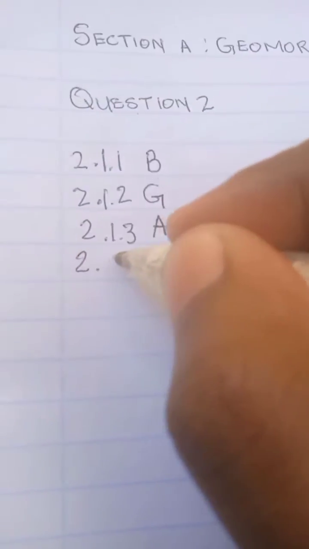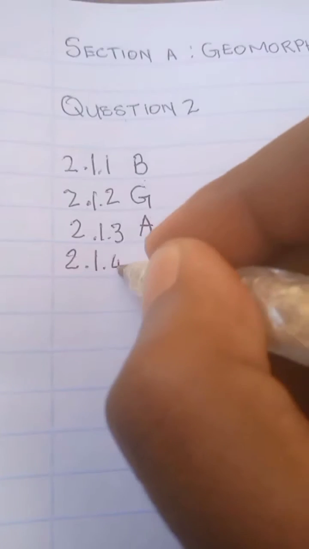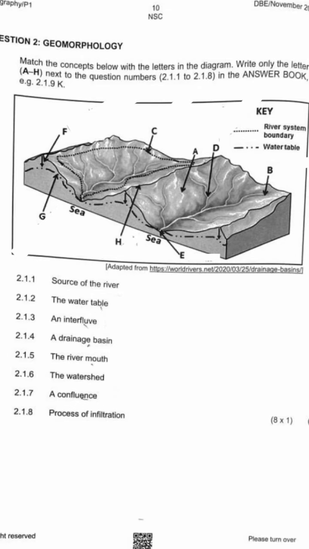So looking at A, you can see that A is indeed a high-lying area and is indeed between tributaries, and so I'm going with A for 2.1.3. Right, let me know in the comments, guys, what you think, what you wrote. All right, okay, so let's head on then.